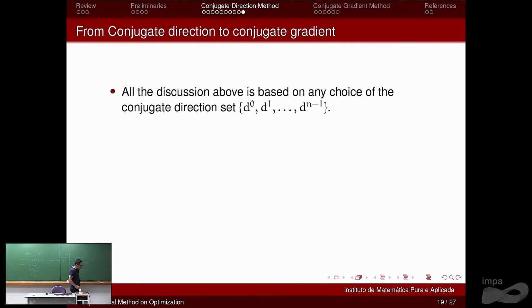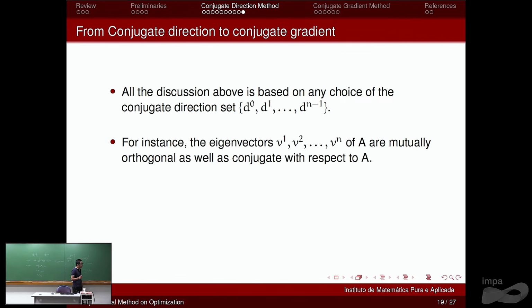Next, we will go to the conjugate gradient method. All the discussion above is based on any choice of the conjugate directions. We just assume this vector set is conjugate with respect to A, but we do not know how to determine it.